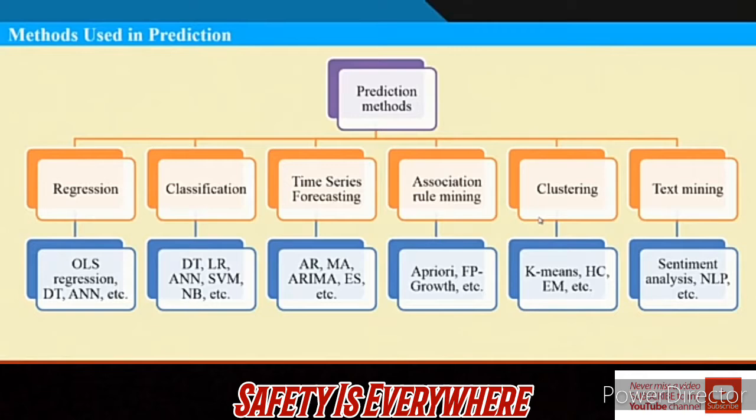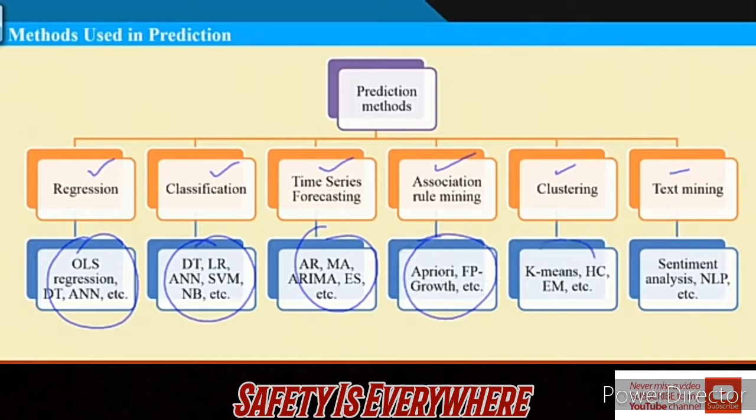So, let us see next the different methods. You will find that there are a large number of methods under different groups of prediction methods. One is regression, classification, time series forecasting, association rule mining, clustering, text mining, and again under regression some techniques, under classification some techniques, under forecasting some techniques, under association rule mining, clustering and text mining their own techniques.